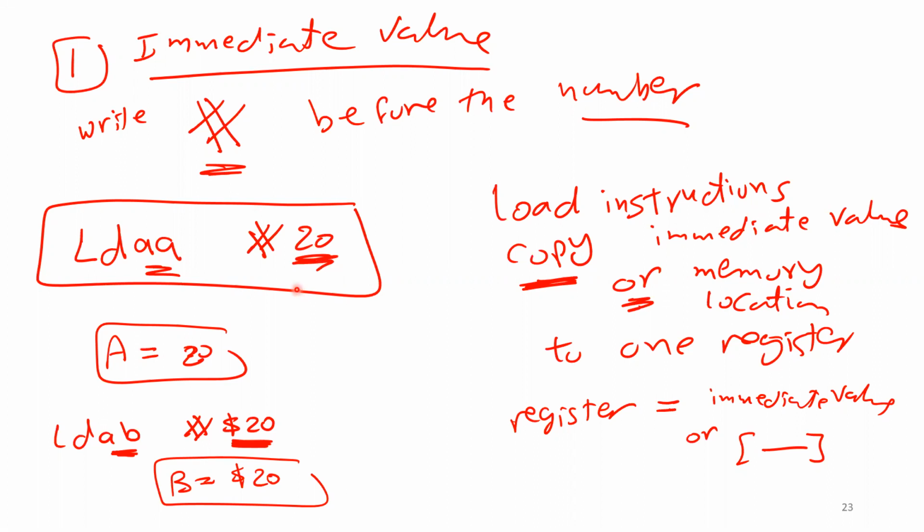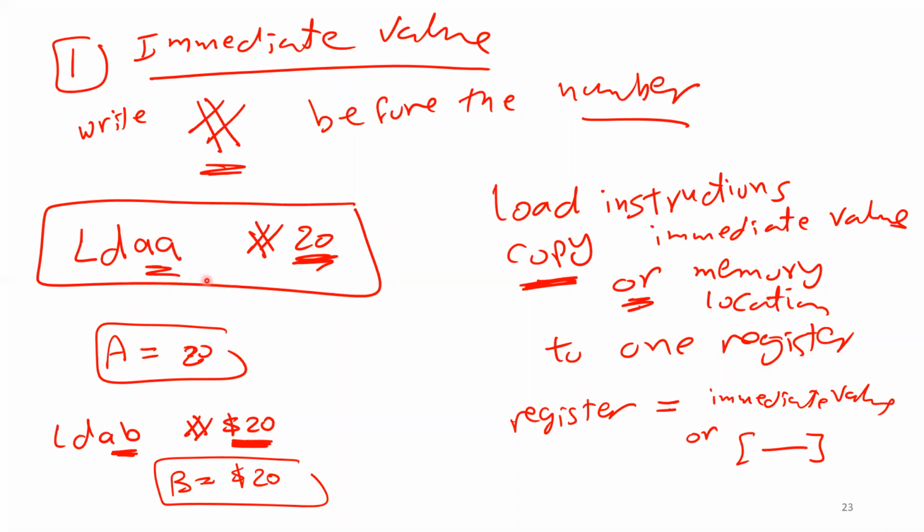Very easy, right? So here, just to explain, I'm going to use one instruction. For sure, I'm going to teach all instructions later. But for now, I'm going to give you very little information about this instruction. We have an instruction called the load instruction. This instruction copies an immediate value or the content of a memory location to one of the registers.